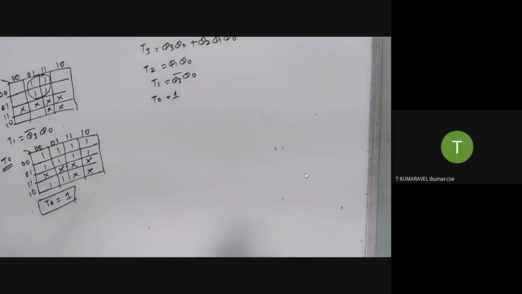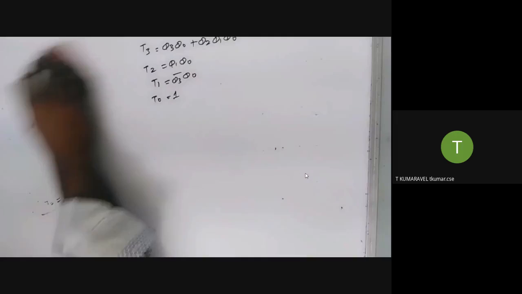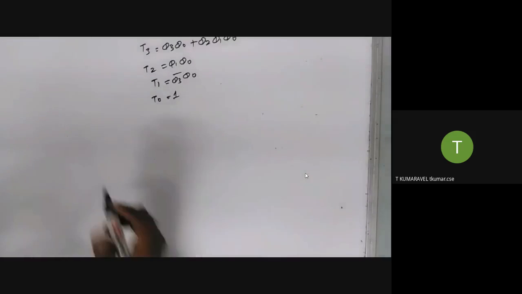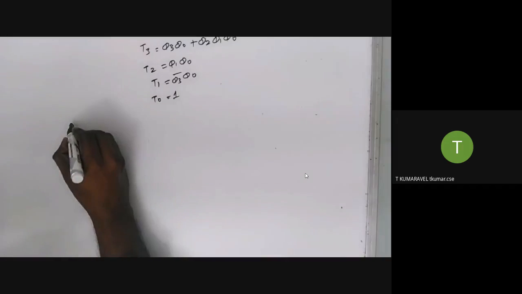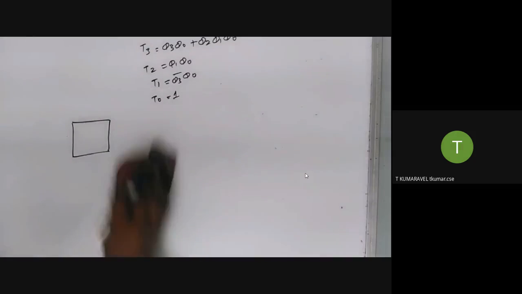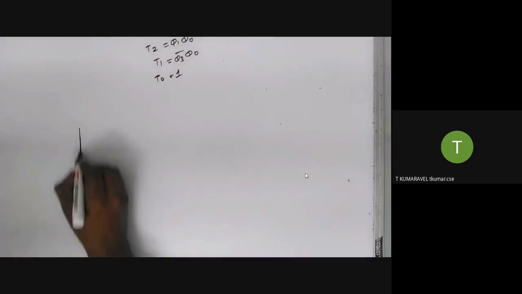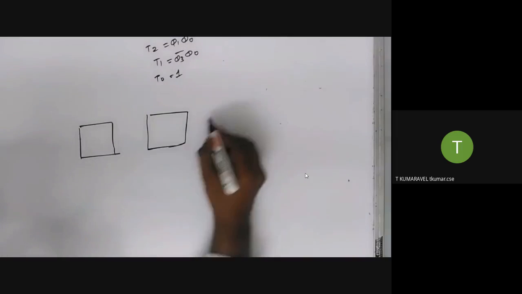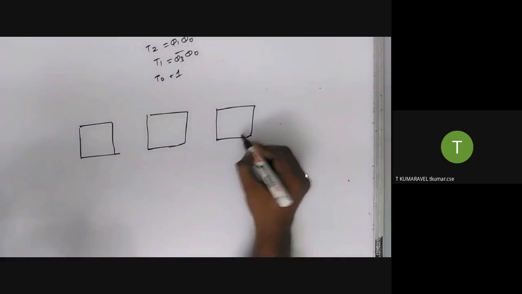So in order to design a BCD counter, it requires 4 flip-flops: 1, 2, 3, and then 4.